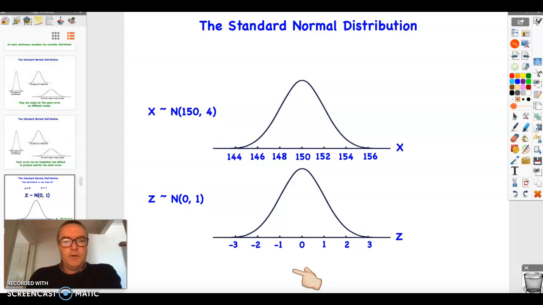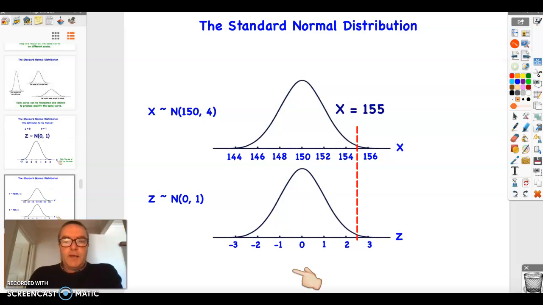So let's look at how a normally distributed variable like x compares to z. You can see here we're talking about the speed of our cricket ball again, a variable with a mean of 150, a variance of 4, standard deviation of 2. I've labelled this axis x, and this is our standard normal distribution parallel to that, which I've labelled z.